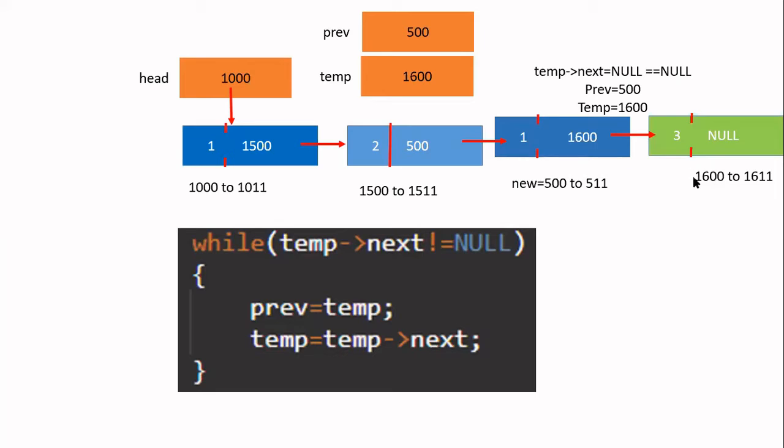That is nothing but the starting address of the node I want to delete. And the previous is having the starting address of this node. When you delete this green color node, you have to store null here. So for that you have to know the starting address of this node.